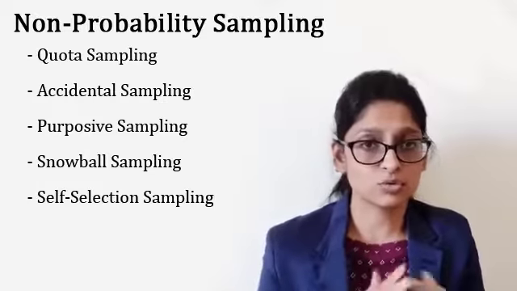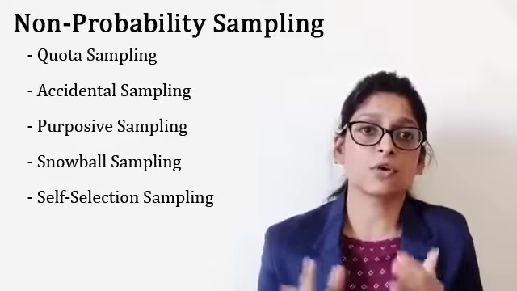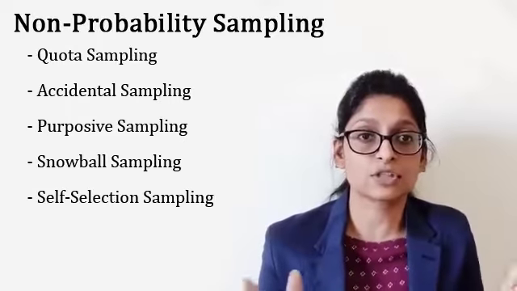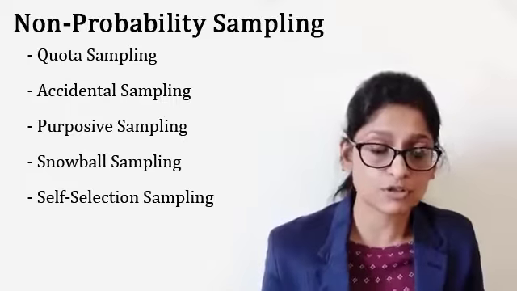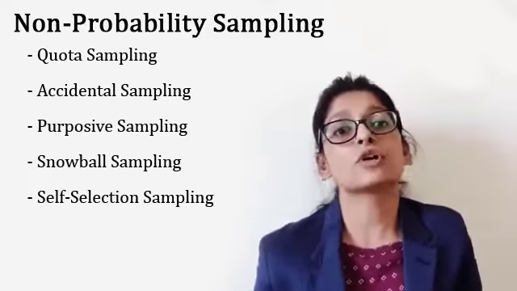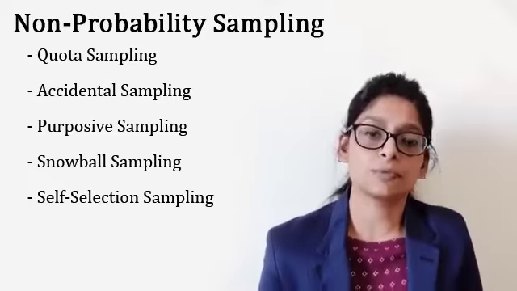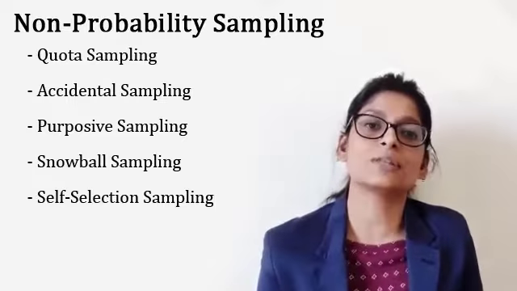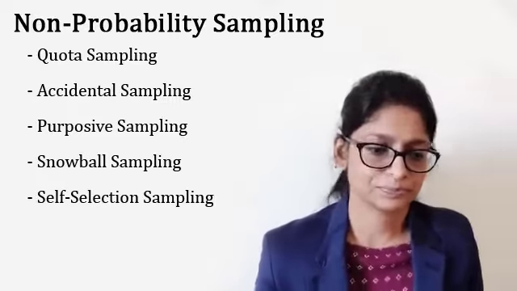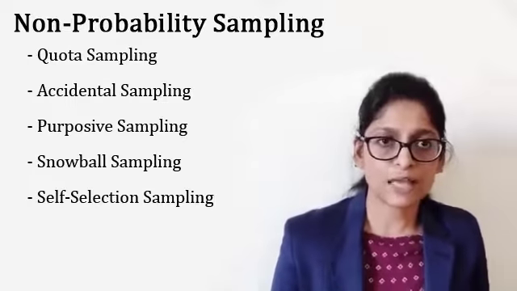As this news spreads in the target population, across people of different strata, the interested individuals come for the research on their own. They volunteer themselves for the purpose of research, and this is how this kind of sampling is done. So that is all about the different types of sampling.